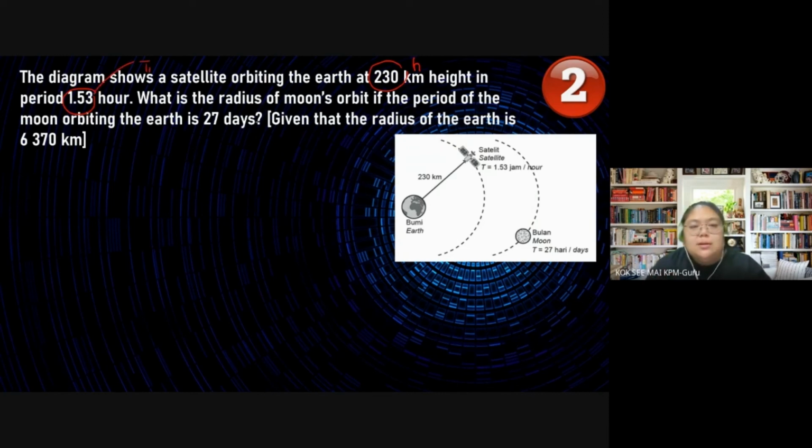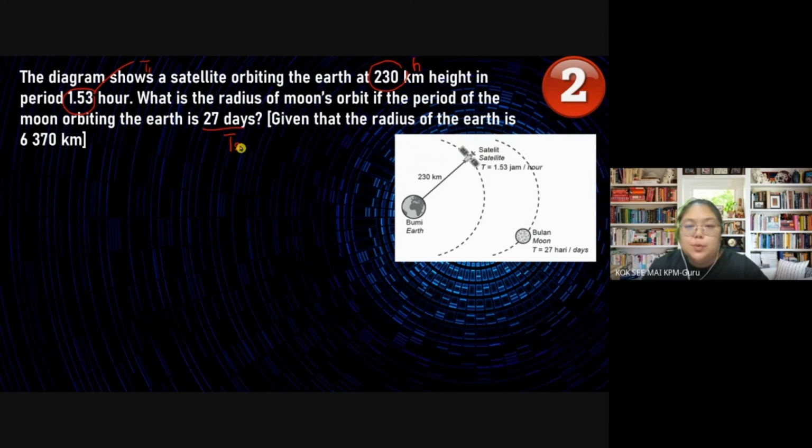Okay, what is the radius of the Moon's orbit? The period of the Moon orbiting is 27 days, T2. The Moon orbits the Earth, the satellite also orbits the Earth.